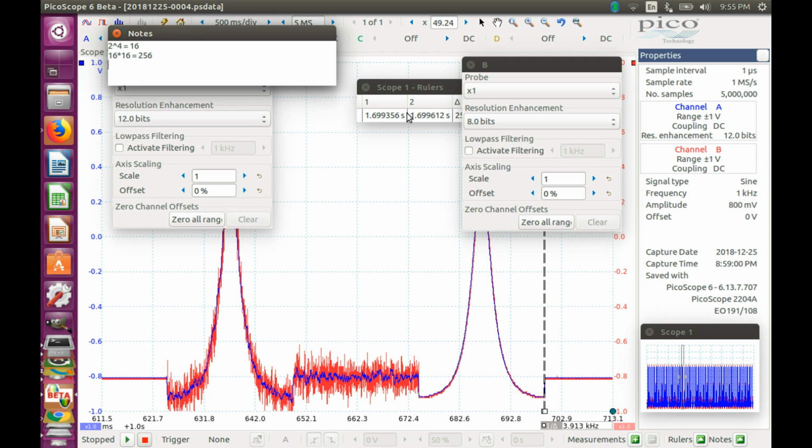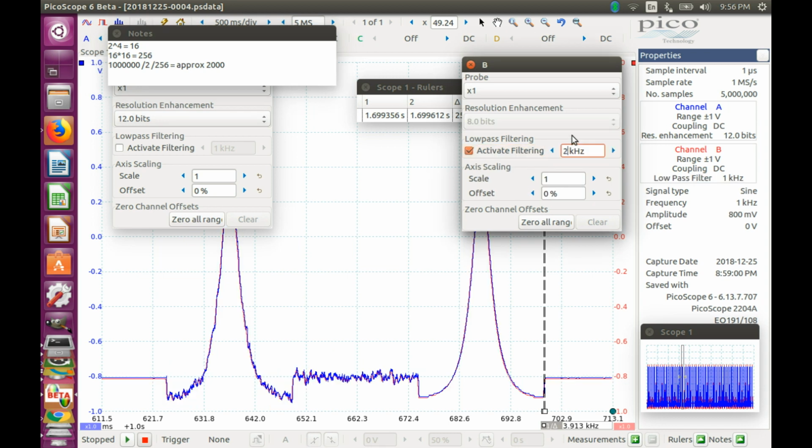Now notice that we are sampling at 1 megasample per second. So take 1 million and divide by 2 and divide by 256. You will get approximately 2000. So this is the frequency that we are going to enable in our low-pass filtering. So let's do just that. Activate low-pass filtering at 2 kHz.